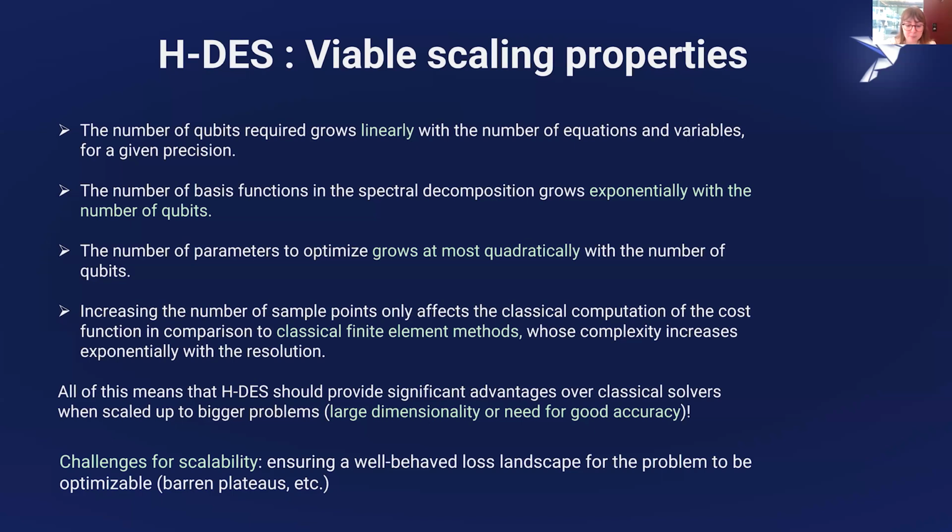In particular, there's a problem known as barren plateaus. And a barren plateau is essentially a flat region in the loss landscape that can occur when you have too many qubits and the gradient of the cost function becomes extremely small. And what happens in this case is that the optimizer essentially gets stuck. It doesn't know how to optimize further. But for this, we're working quite hard on overcoming this issue, and we have a lot of promising early results.